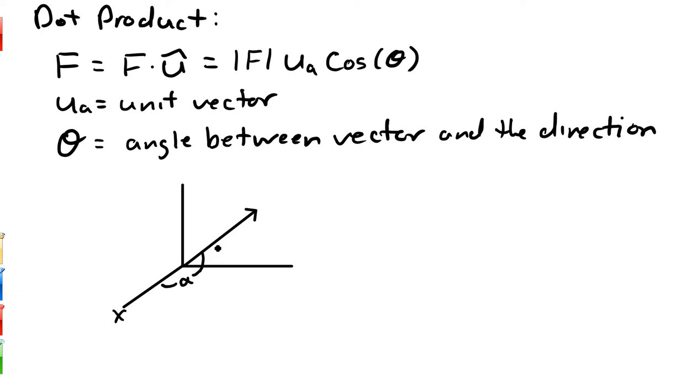You'll have an angle beta, which is between your force and the y-axis, and then you've got another angle gamma, which is between your force and your z-axis.